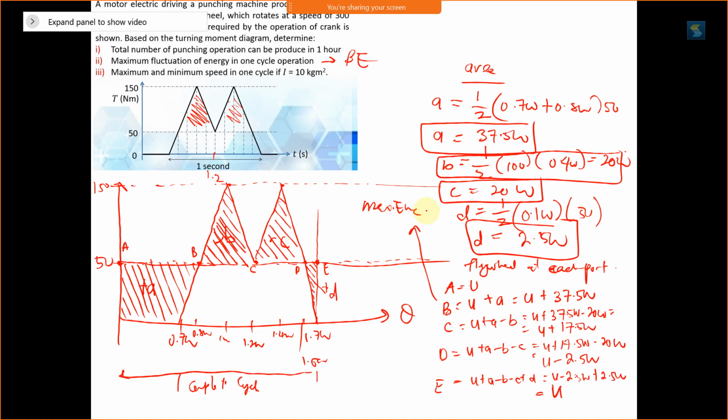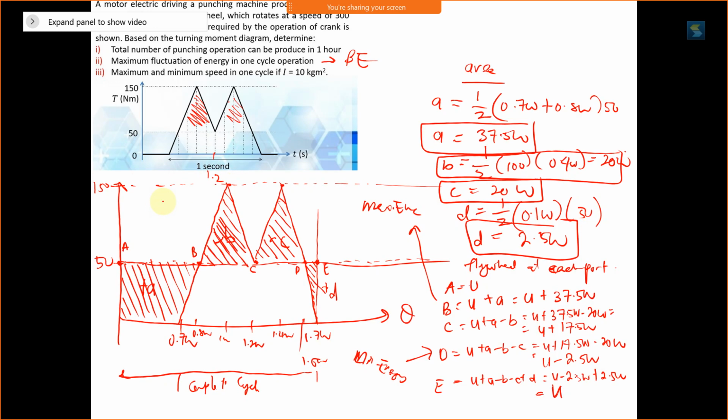So where is our minimum? The minimum must be at D. So this is our minimum energy. So to get the maximum fluctuation of energy in one cycle operation, number 2, it is delta E. So E maximum minus E minimum. What is our E maximum?